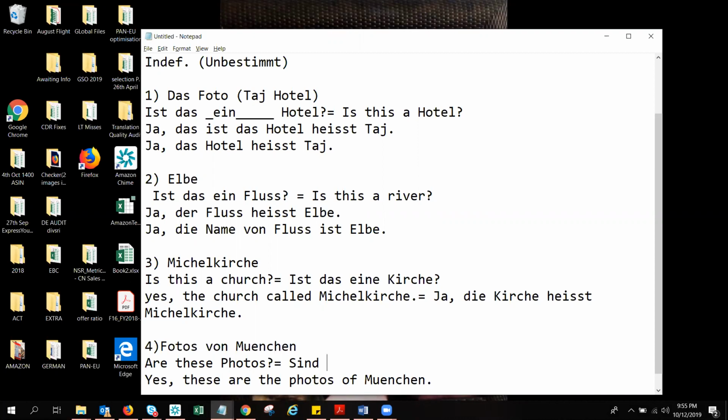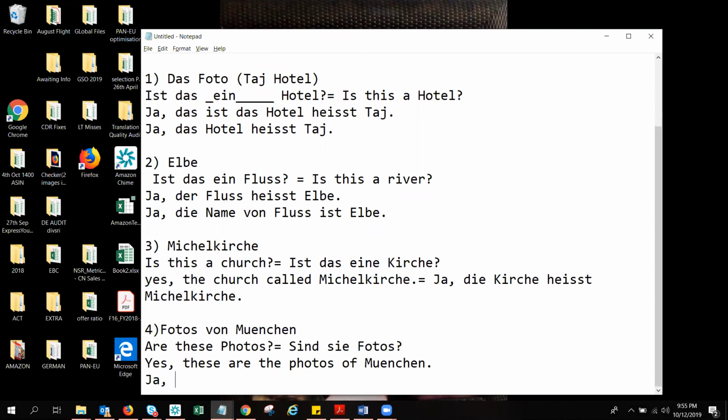Sind sie Fotos? Ja, sind sie Fotos. Or simply you can say, the photos of München, like, the photos are of München.